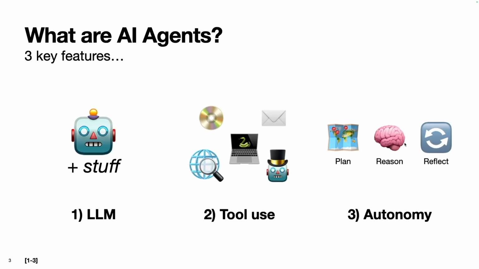Another thing this might include is the so-called reasoning capabilities of LLMs like DeepSeek R1 or OpenAI's O1 or O3 models. This ability for LLMs to quote unquote think before providing an answer allows it to accomplish more and more complex tasks without explicit instructions.